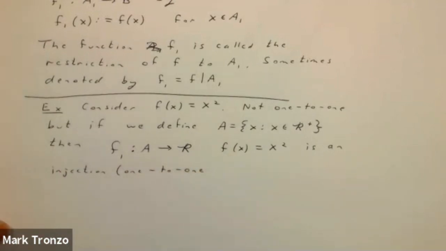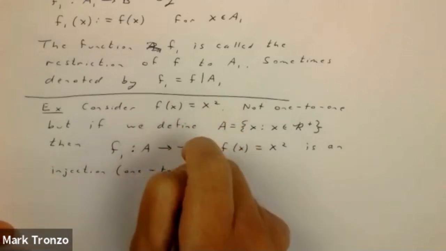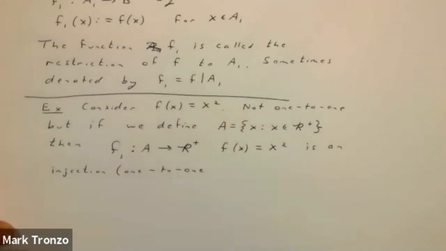And also, I probably should as well, let me see. Really what comes out of this is also going to be, let's see, the positive real numbers, should I say it this way? From A to the positive real numbers. So then this is an injection, so it's one-to-one.